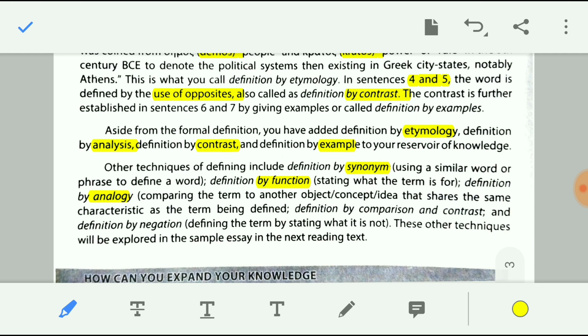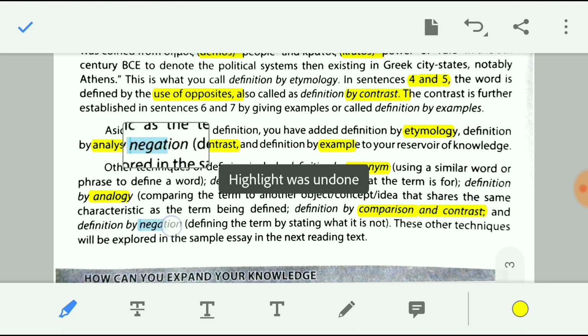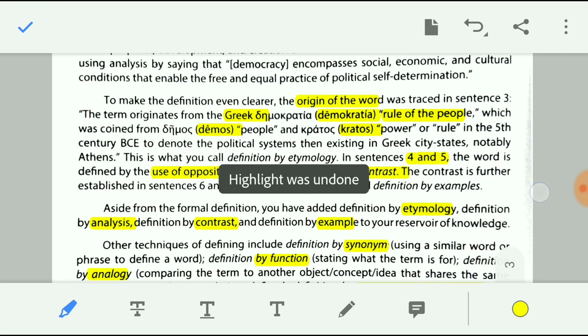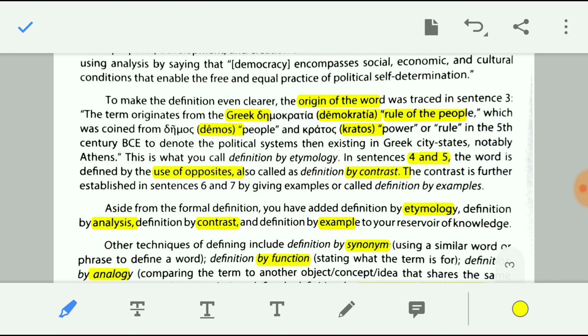You also can use definition by comparison and contrast, and definition by negation. So these are some of the techniques that you might use when you are defining. First, you may have the formal definition. You may have the origin of the word.